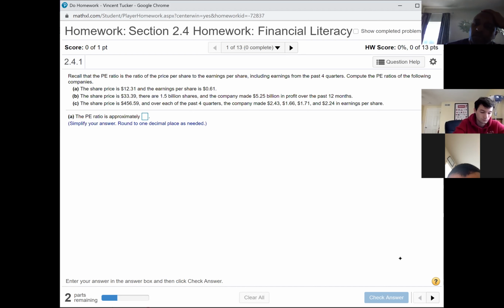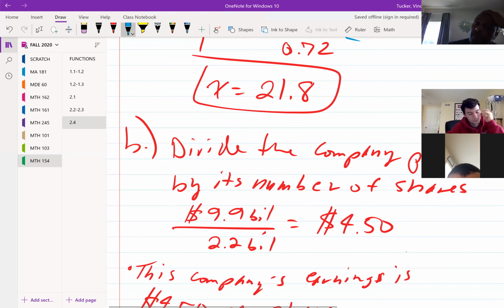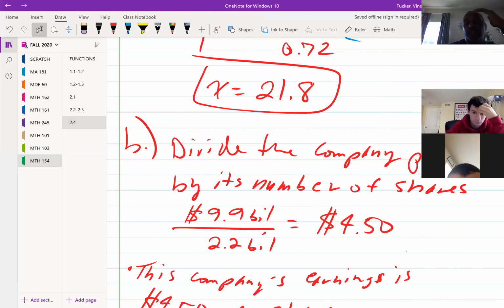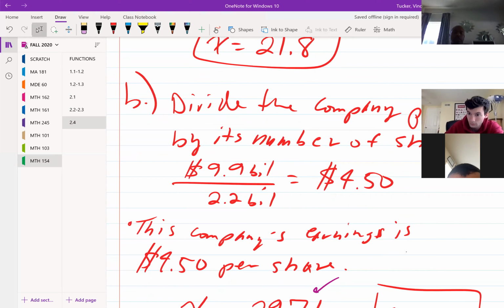So in this problem, the first thing you would do is divide the company profit by its number of shares. In my problem I had $9.9 billion divided by 2.2 billion shares, and that's $4.50. So this company's earnings is $4.50 per share.